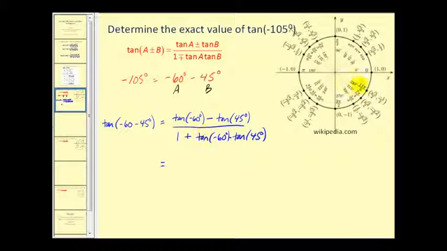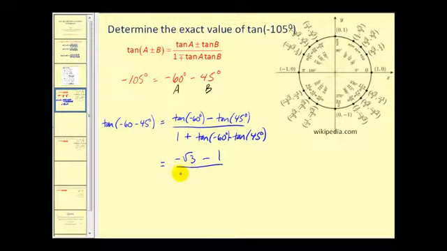Tangent negative 60 degrees would be here. Remember, tangent theta is equal to y over x on the unit circle. Negative square root 3 over 2 divided by 1/2 would be the same as negative square root 3, minus tangent of 45 degrees. Here's 45 degrees, y over x, that would equal 1.